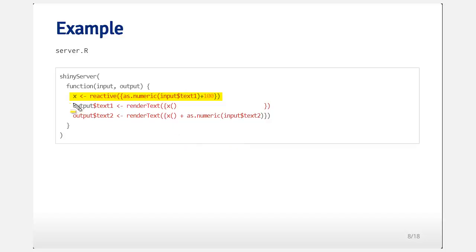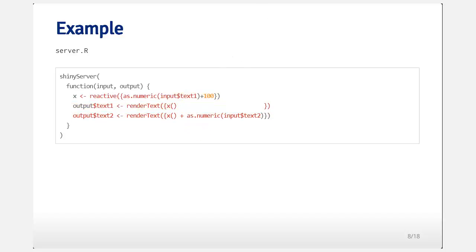So in this first output, I'm going to display my input incremented by 100, and in the second one, I'm going to display my input incremented by 100 plus whatever number I put into text 2. Obviously this doesn't change the runtime that much, but now we only have to increment it by 100 once, rather than doing it twice, once in each reactive render text statement.